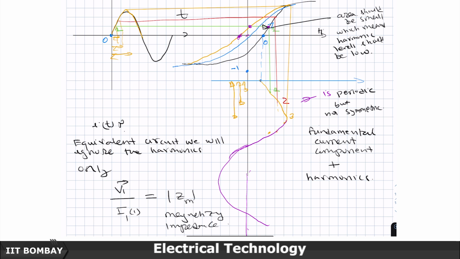The proportionality factor is associated with the volume, because on the BH curve whatever you get is joules per meter cube. So you will have to look at the area of cross section, the length, and multiply by it to calculate the hysteresis loss, and then multiply it by the frequency, and you will get the hysteresis watt loss which is occurring.